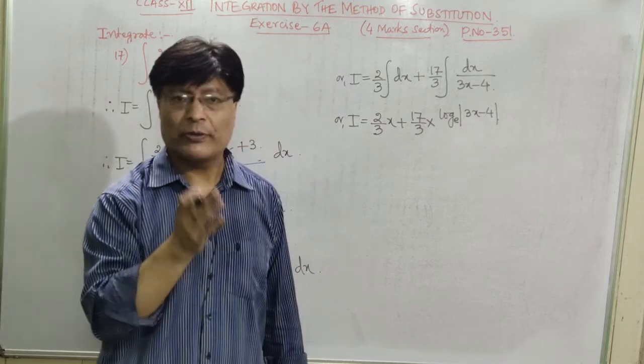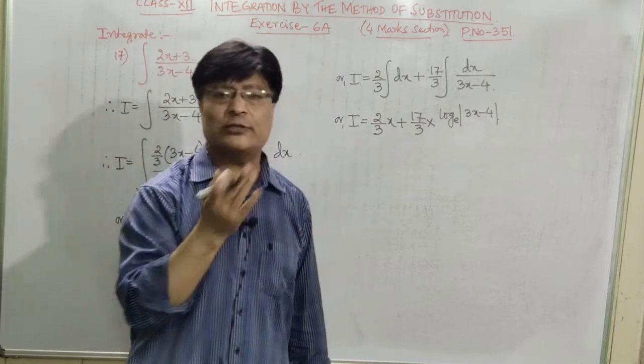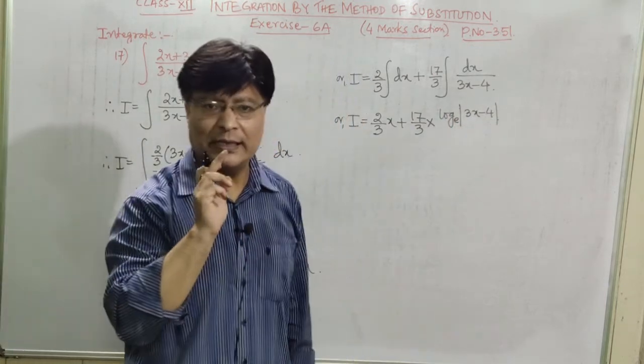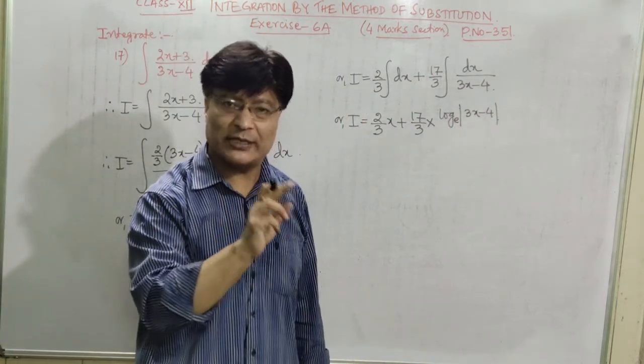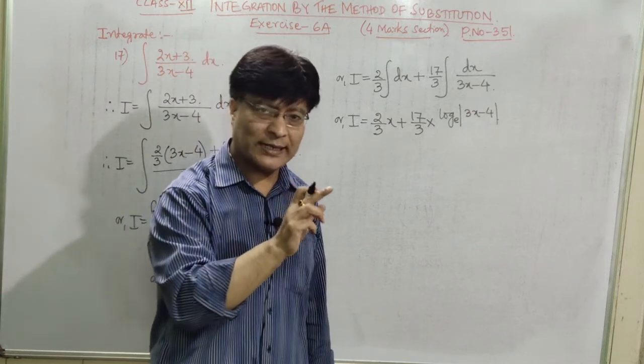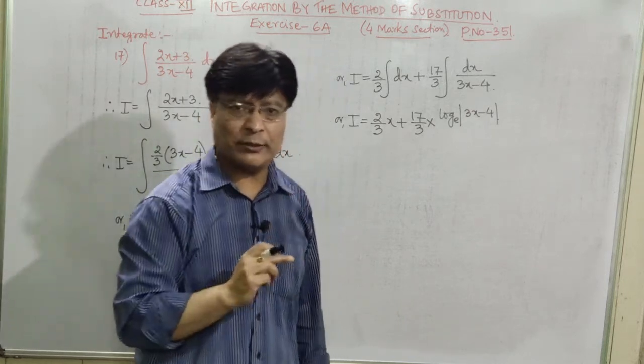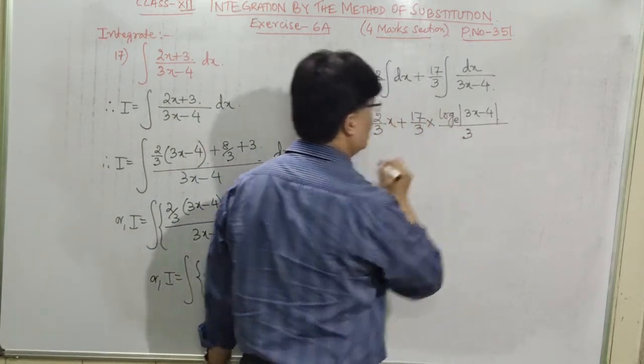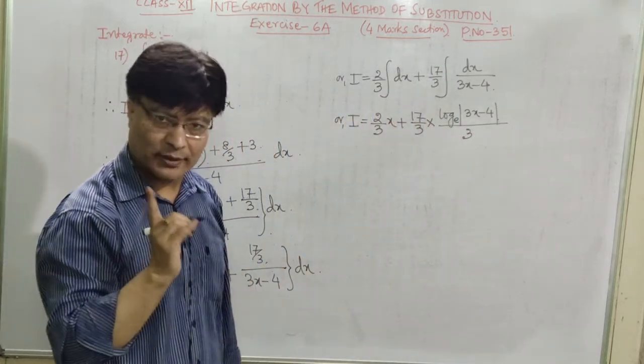3x minus 4. Again you have to differentiate the term which is assumed as x. So what is the differentiation of 3x minus 4? It is 3 minus 0. That is only 3. So I told you that in case of differentiation you have to multiply it by 3. But this is the case of integration. Whole divided by 3 should be there. Is that clear?